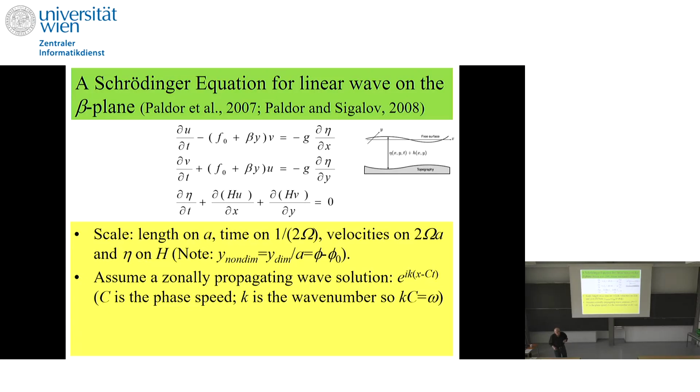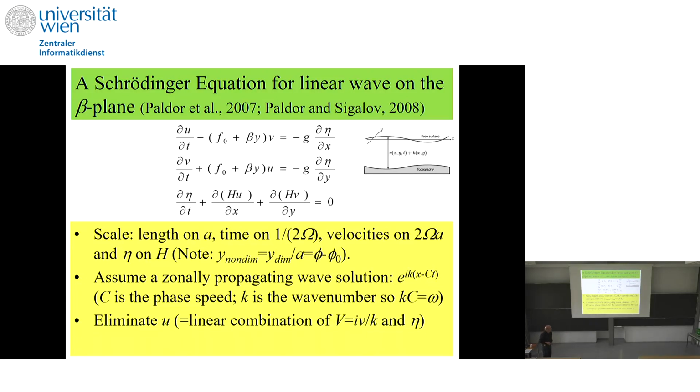Since there are no time and x dependent coefficients, we can assume a propagating wave in the x direction, which we cannot assume for y because we have a y dependent coefficient there. So c is the phase speed, and omega or sigma is the frequency.